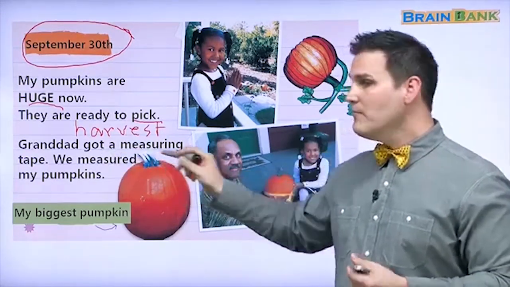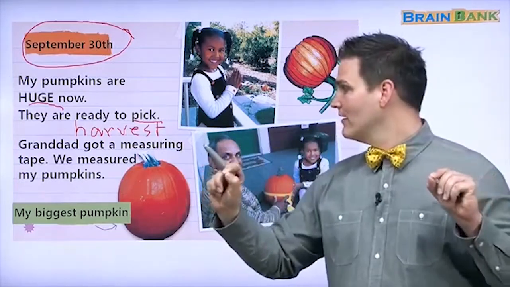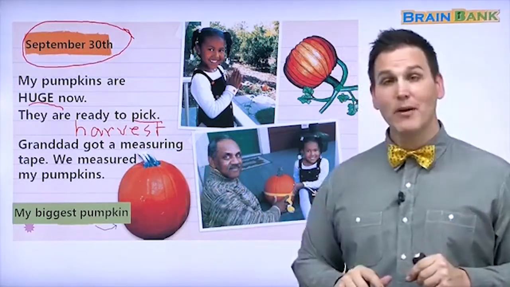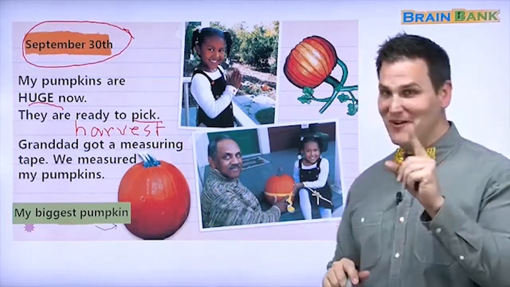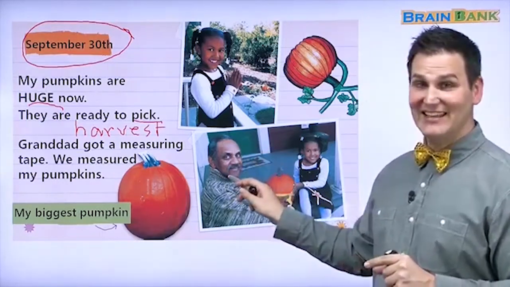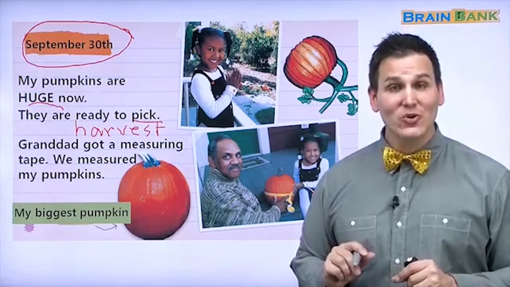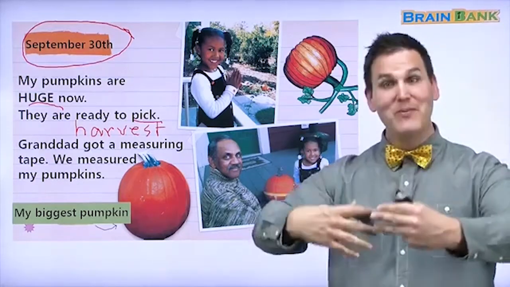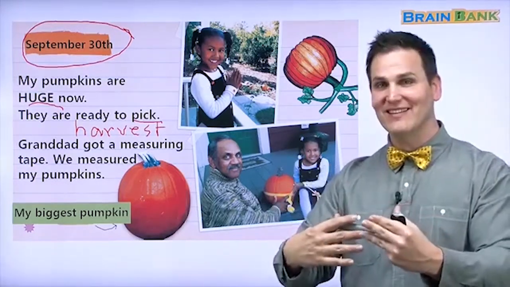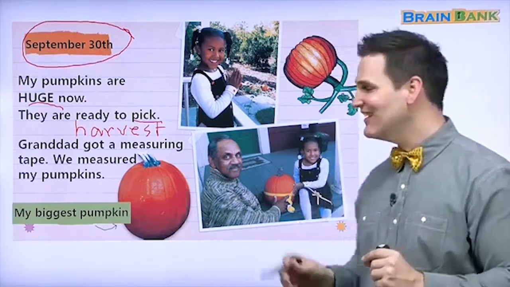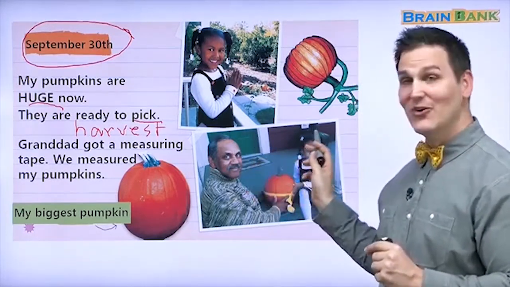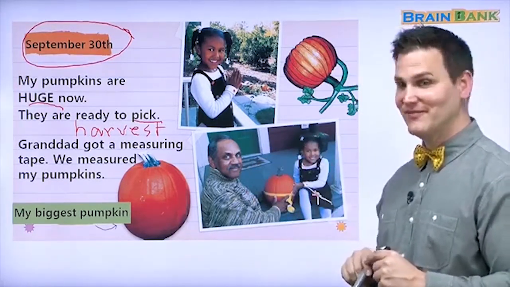Granddad got a measuring tape. We measured my pumpkins. Remember, Granddad and the little girl want to see who has the biggest pumpkin. Who do you think? Granddad or the little girl?